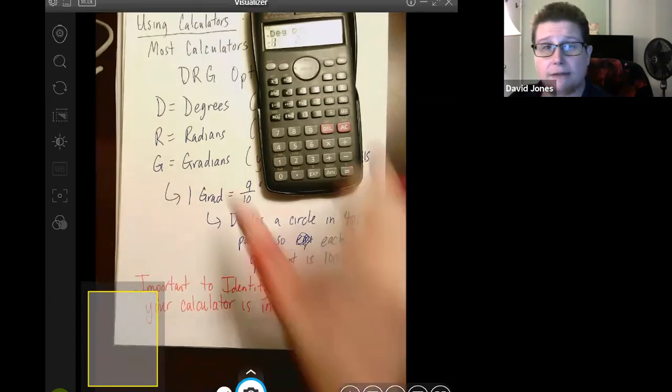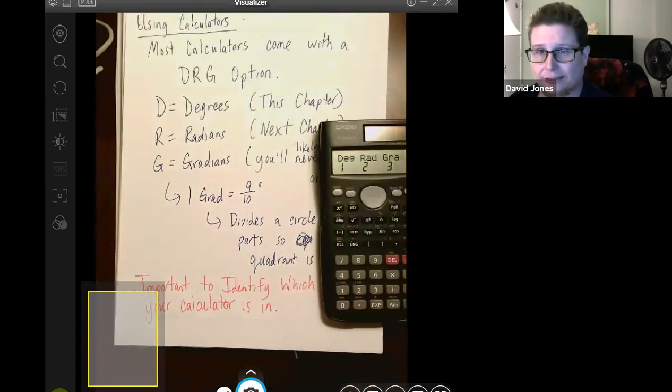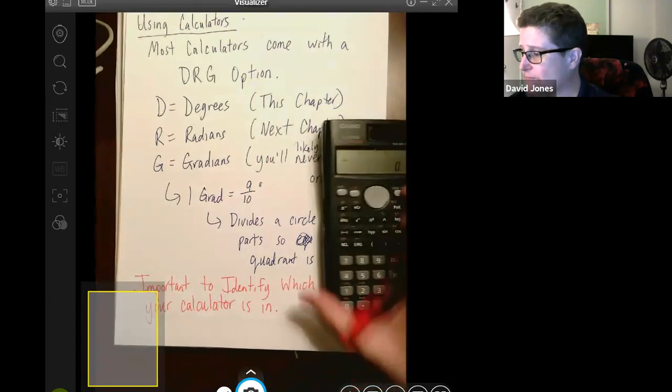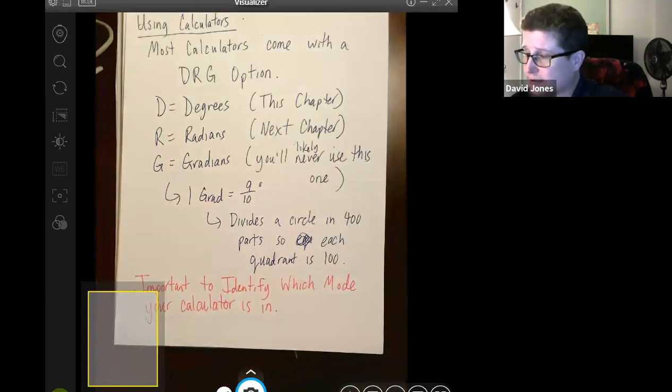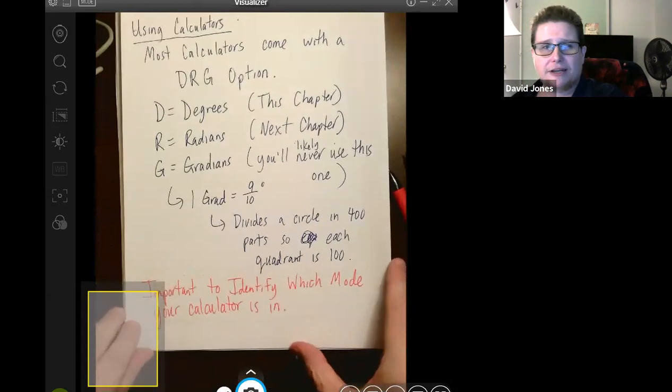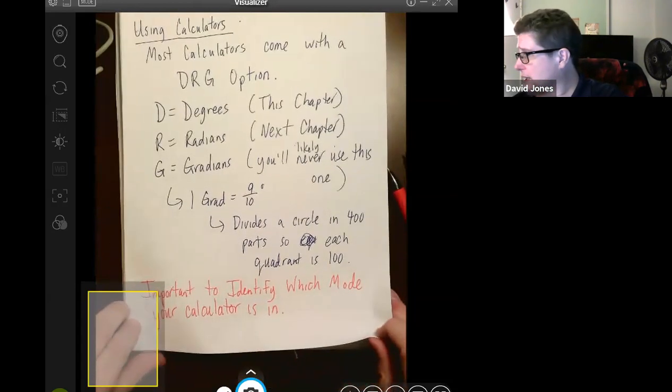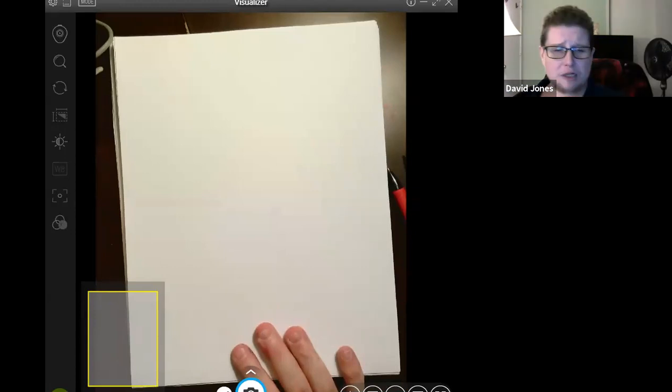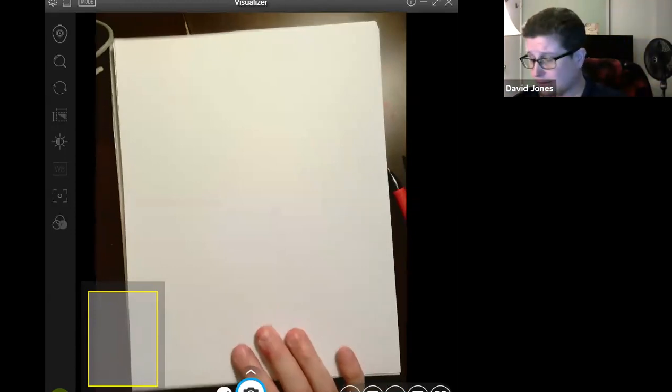Sine of 30 in radians is not 1/2. So it's important that you have the right mode in there. Okay? When you're using a calculator, pause it if you need to write this down. I don't even know if that's the right spelling of gradients, to be honest. I've never used it.